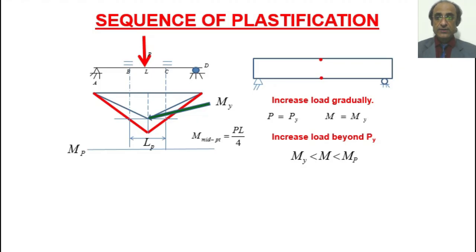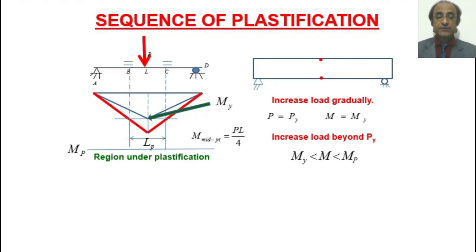Now if we see the bending moment diagram, we find that this particular region in the middle, which has a length LP, here all points have exceeded the yield moment. So that means some kind of plastification would have initiated in these points.